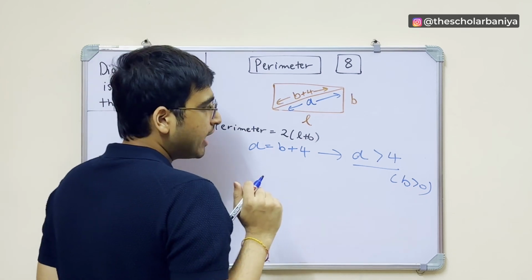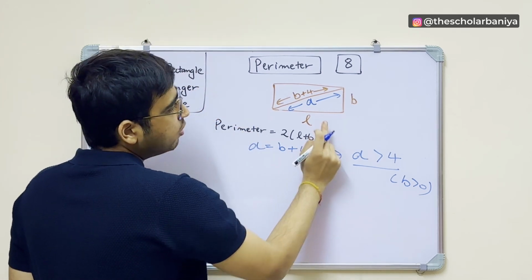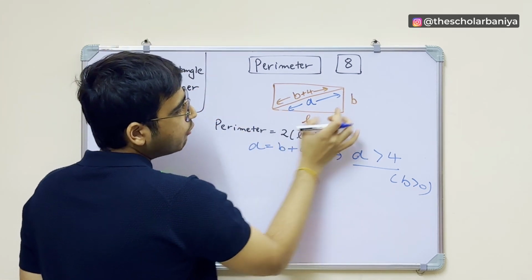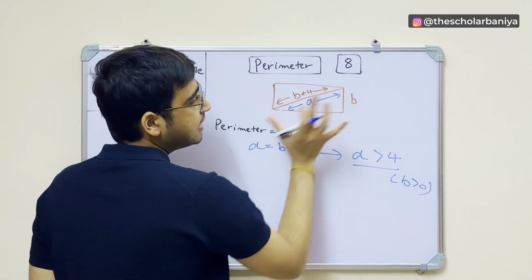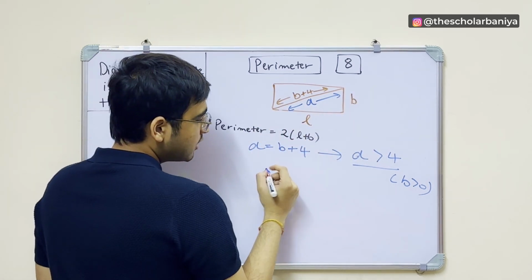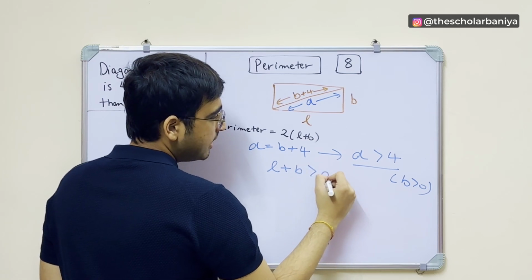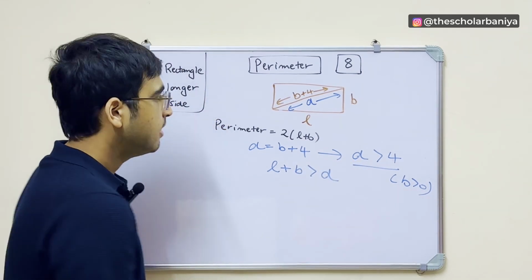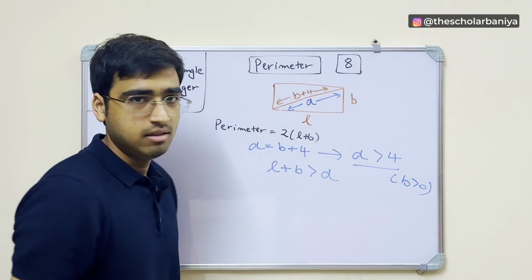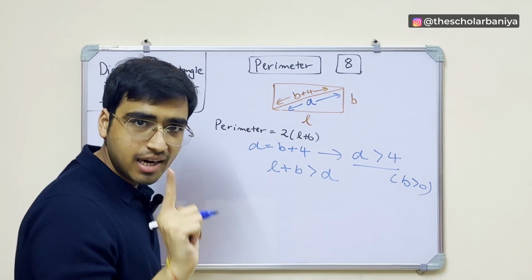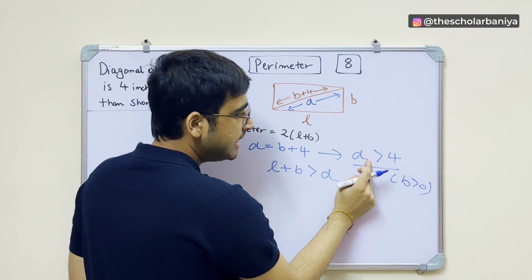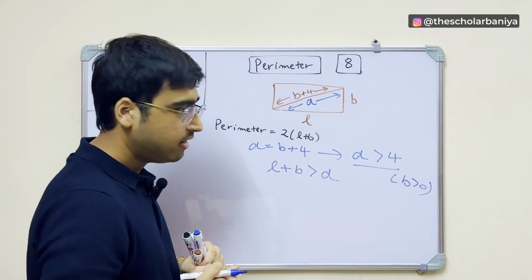Perfect. Now tell me one thing. We also know that the sum of two sides of a triangle is greater than the third side, right? So we can say that L plus B is greater than D. But we also know that D is greater than 4, right?